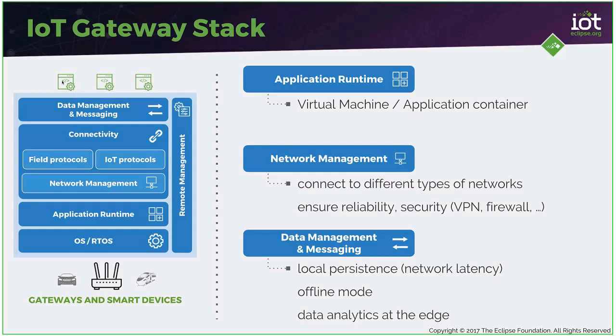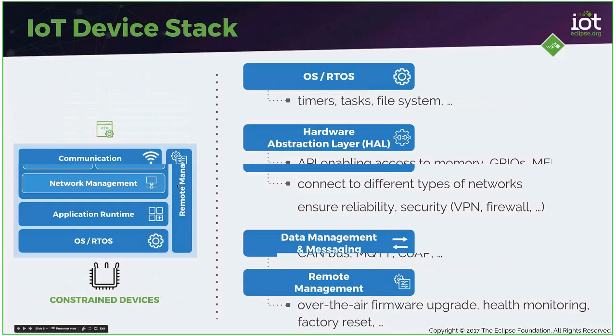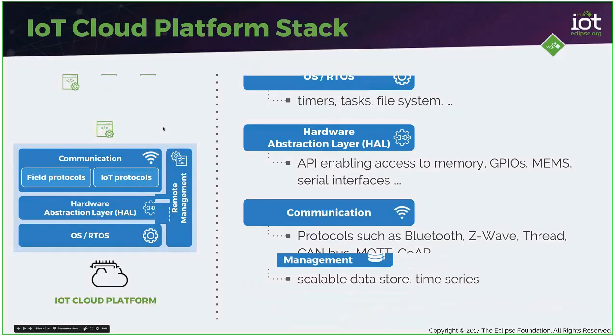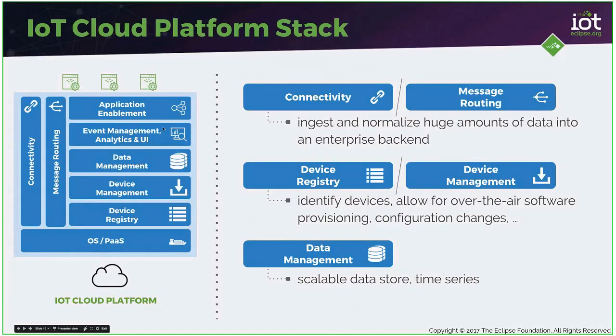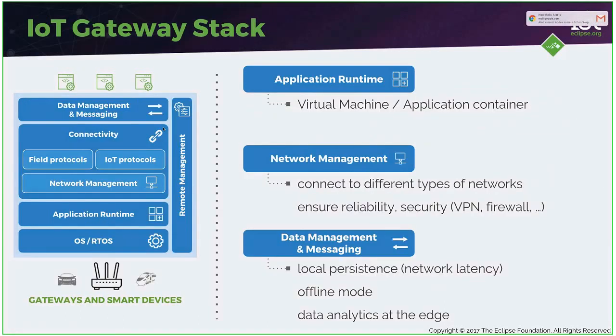Only it won't work because the connectivity isn't there, but hopefully if the IoT gateway is smart enough, it will have local persistence capabilities. It will be able to work offline, and as soon as the connection resumes, it will send the data again to the cloud, and it will be sort of transparent for the applications running on the IoT gateway, right? So that's for the gateway.